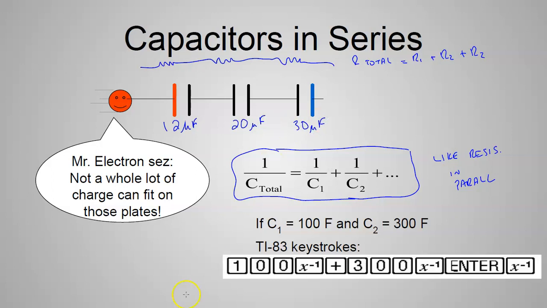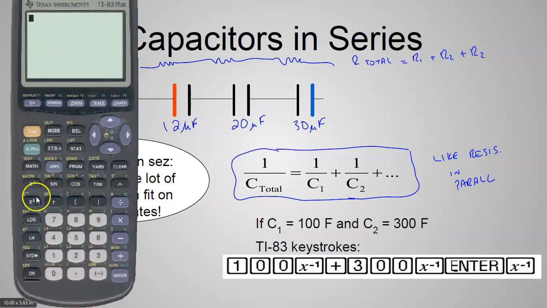It added up to 62 before. It's not going to add up to 62 this time. What I got to do is say 12 inverse plus 20 inverse plus 30 inverse equals, hit your inverse one more time, and I've got a total of 6 microfarads there.